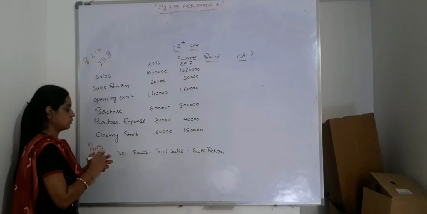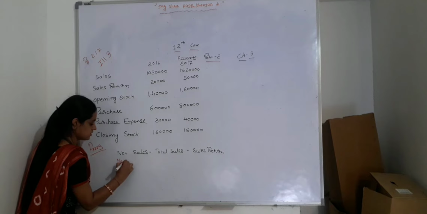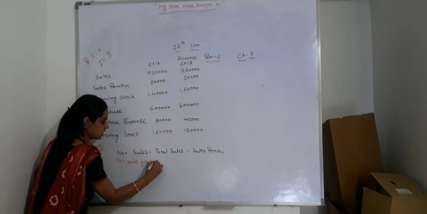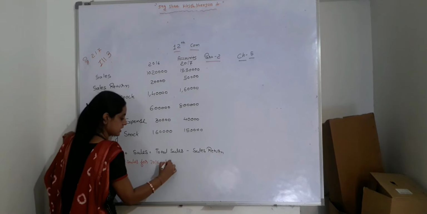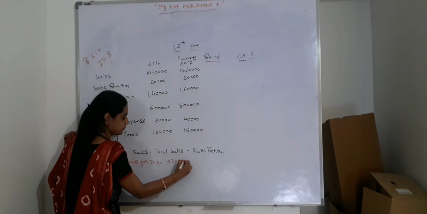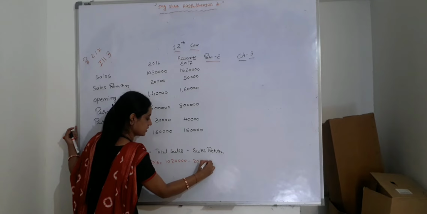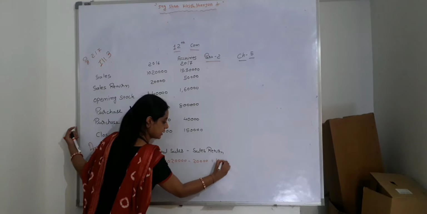So, first for 2016, net sales for 2016 is equal to total sale 10 lakh 20,000 minus sales return 20,000. That means net sale is 10 lakh.